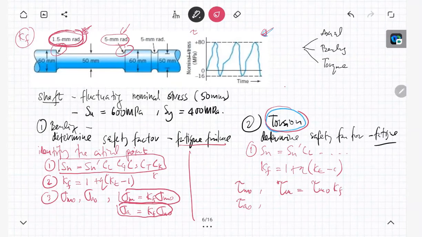Because there's no mean, there's no bending, just focus on torsion. Same as this, Ta equal to Tao times Kf.